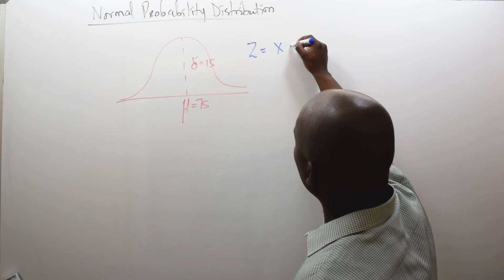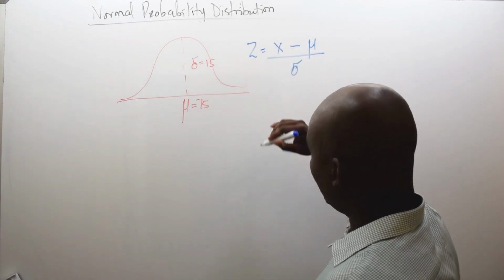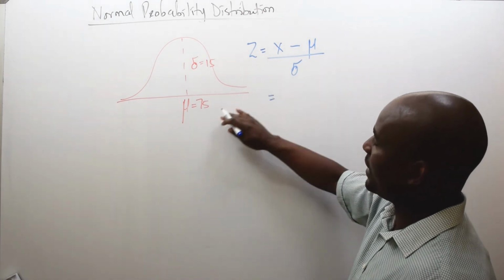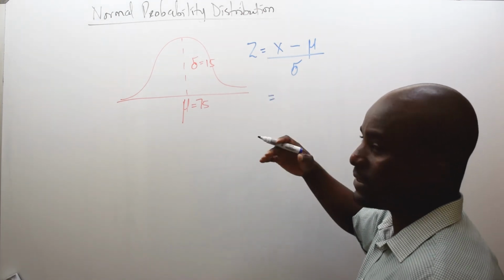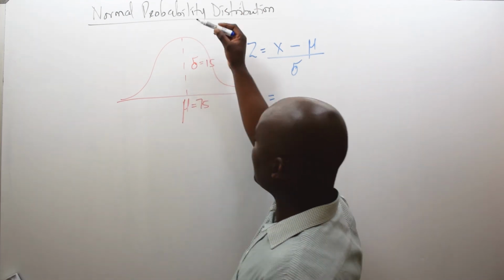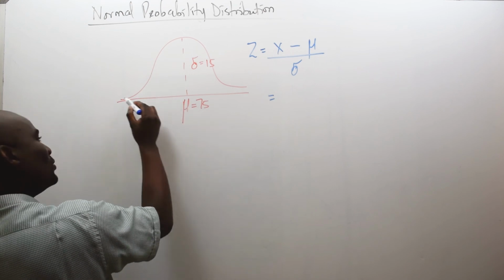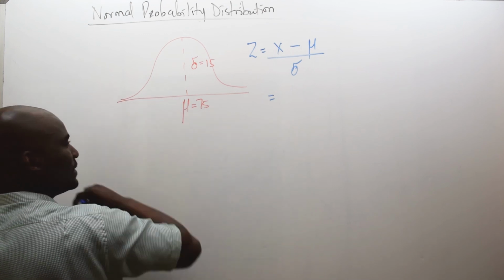Z is equal to x minus mu over sigma. What is our x? We're looking at less than an hour. If it says less than an hour, then whatever the z is, it must be coming this way, that is less than.